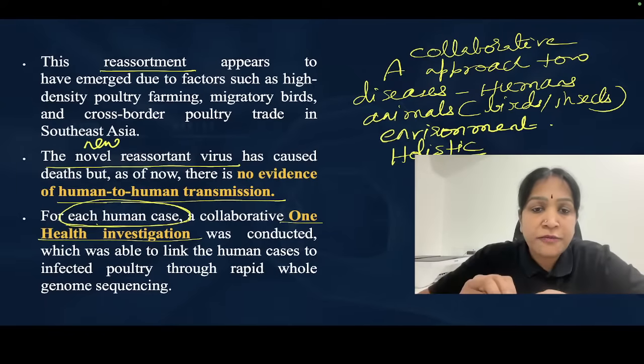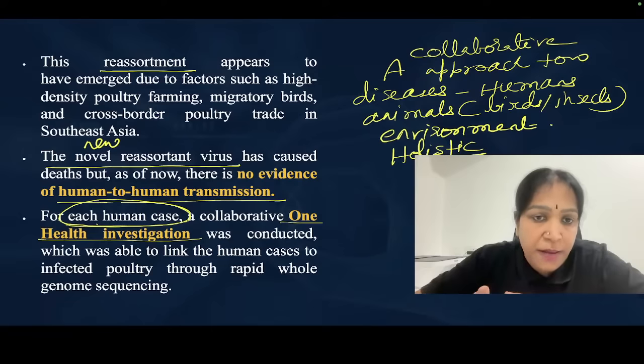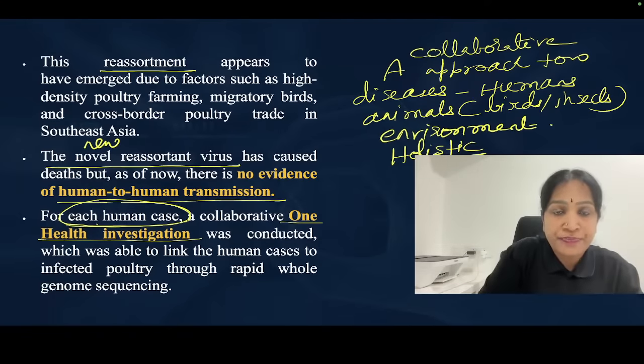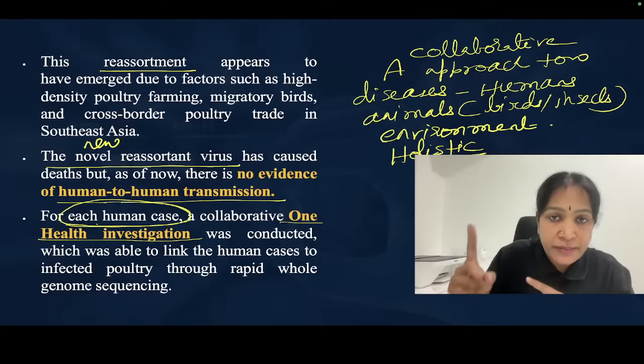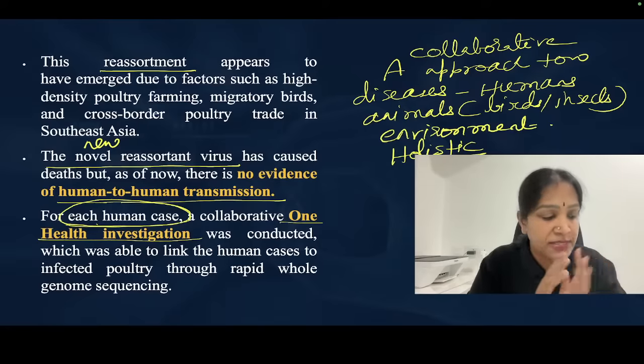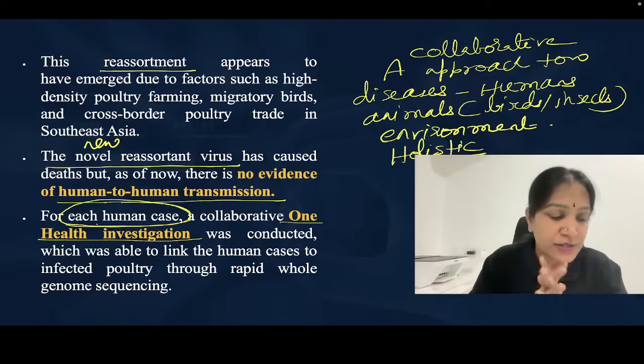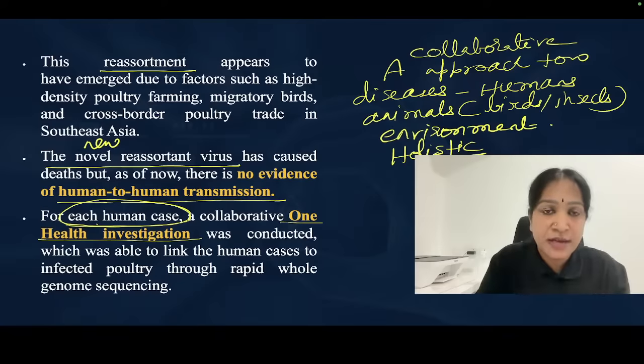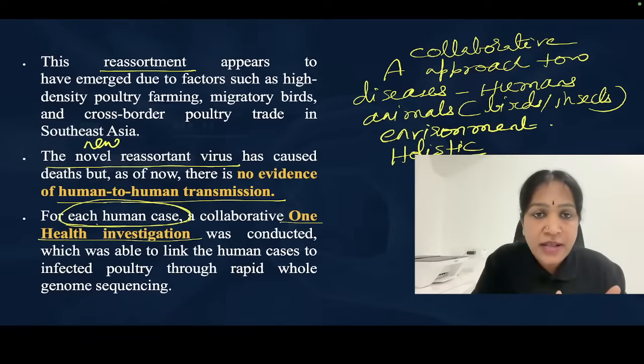What is One Health approach? In the One Health approach, we do not study the aspects of the diseases only in the case of human beings. We study the interaction between humans, animals and environment. Is it clear? For all kinds of organisms. Any infection comes, we don't study this only in the human beings.